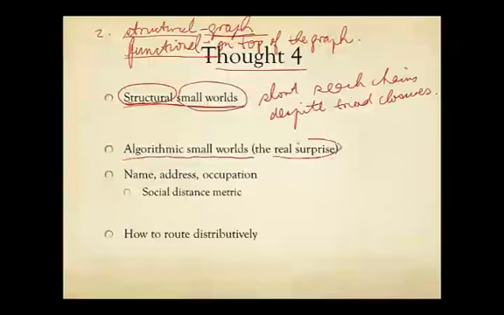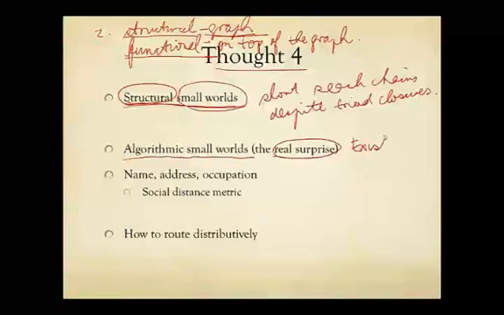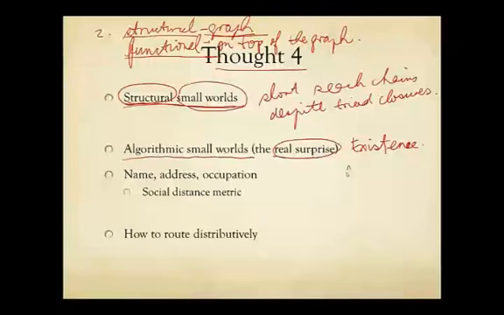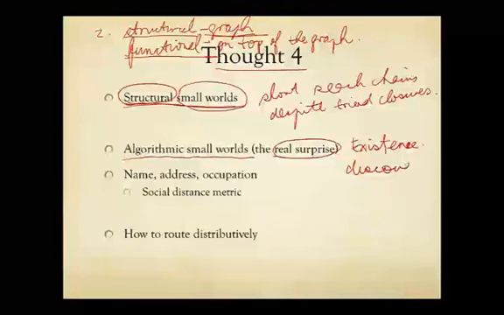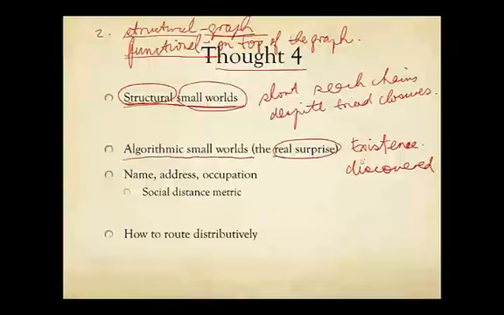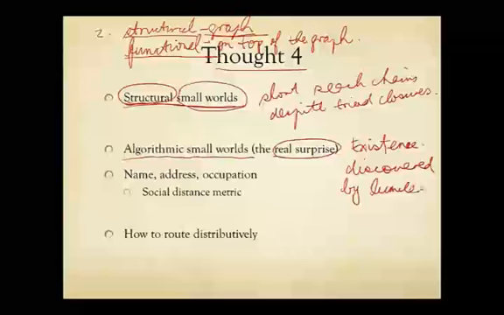That's the true surprise. What is algorithmic small worlds? Now remember, in Milgram's example, he wasn't just trying to find out the existence of short paths. He's saying that these short paths can be discovered by very limited local information.